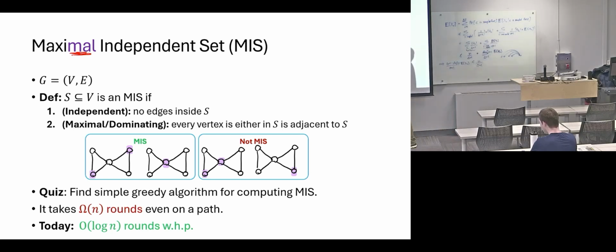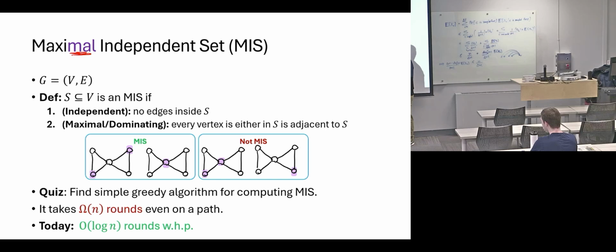I say that S is a MIS, or maximal independent set, if first of all it's an independent set, so there's no edge inside S. And another thing that I need is that it is maximal. What I mean here is that every vertex is either already in S or adjacent to S. And by maximal here, I don't mean maximum.